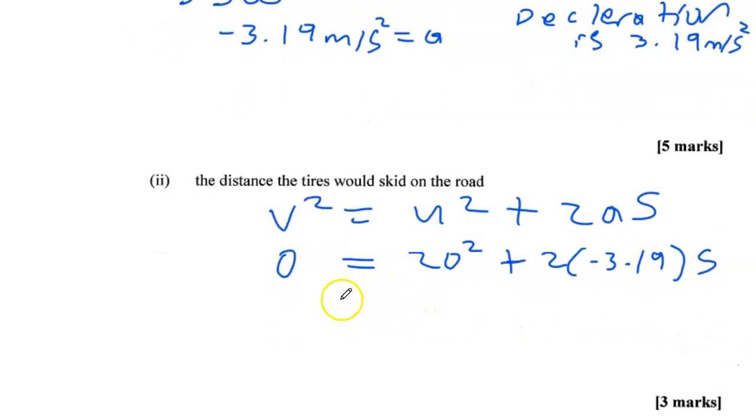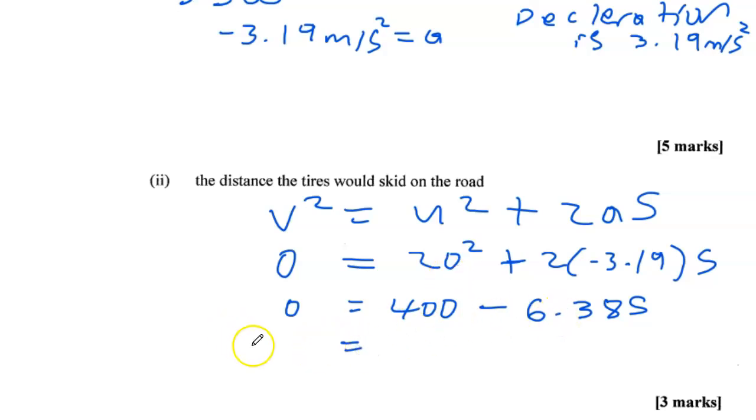So this will be 0 equal to 400, 20 times 20, and 2 times negative 3.19 is negative 6.38 s. So we can transpose, bring this over, so we have positive 6.38 s equal to 400. Divide both sides by 6.38.